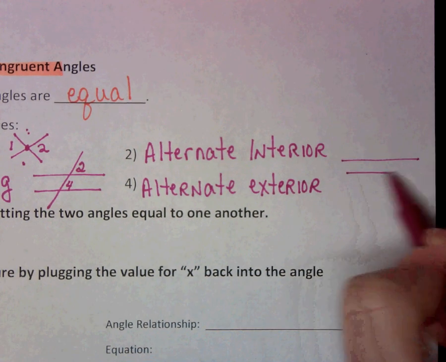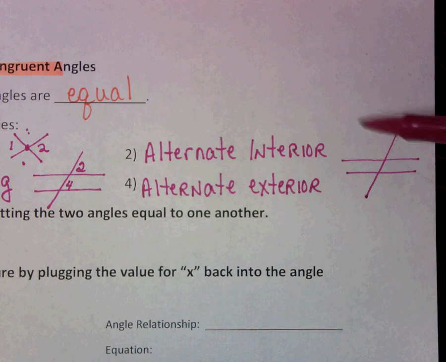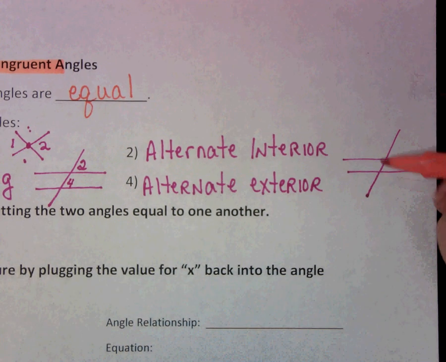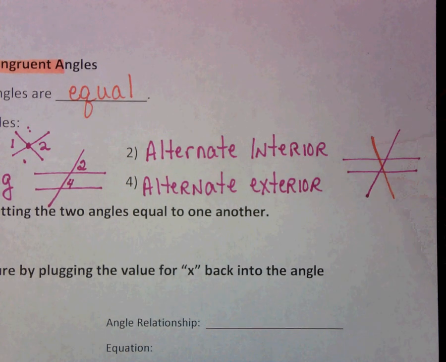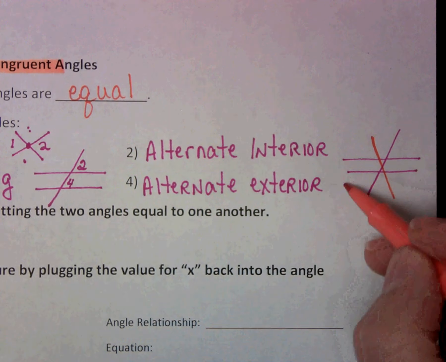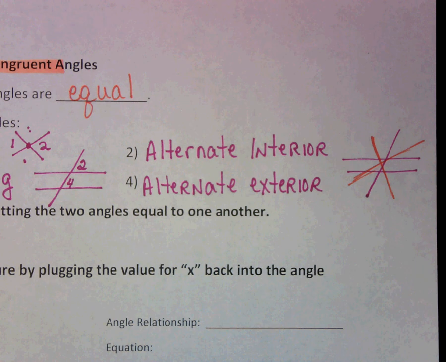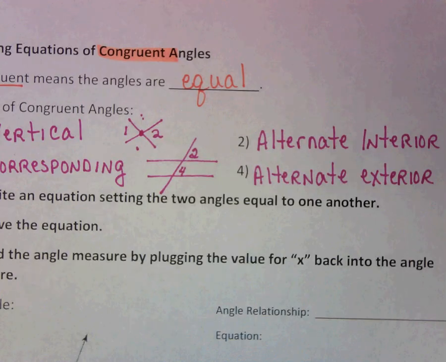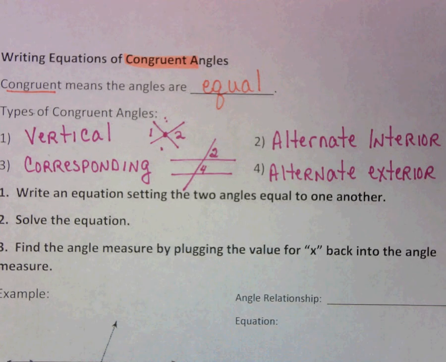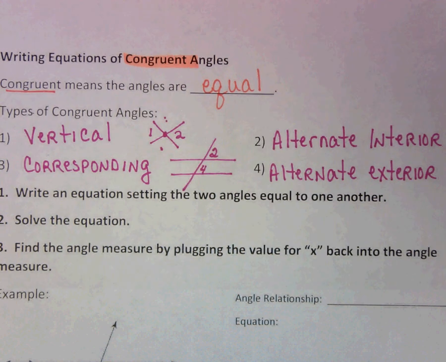So when we have our parallel lines, remember, alternate means they have to be diagonal from one another. And then interior, exterior means between the parallel lines for interior or outside the parallel lines for exterior. So all those types of angles are examples of congruent angles.